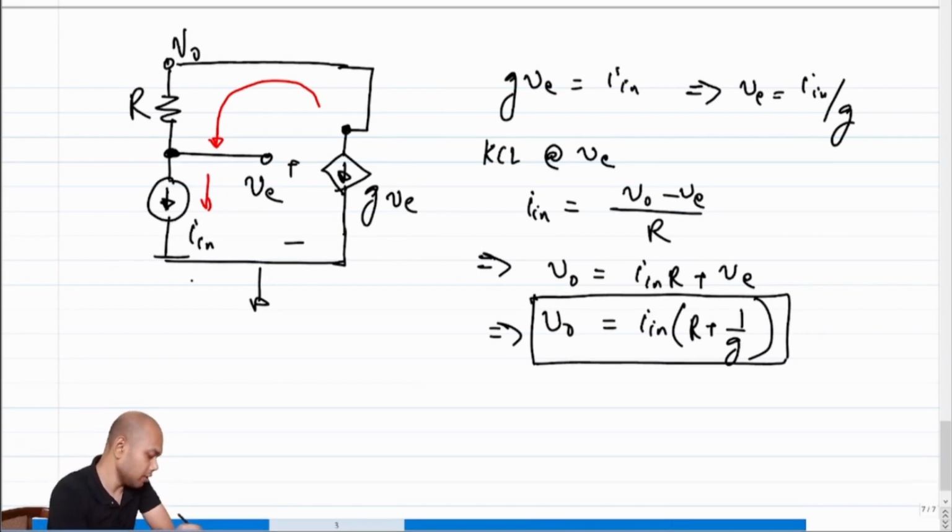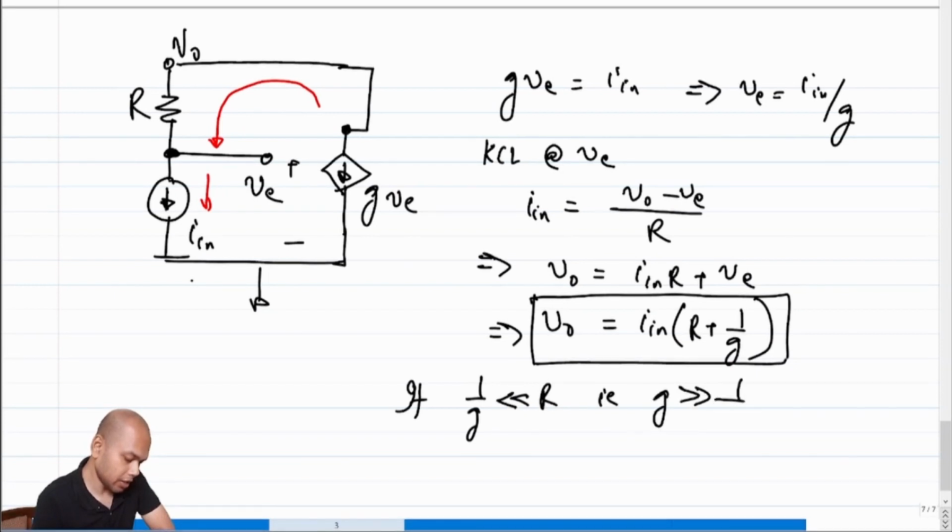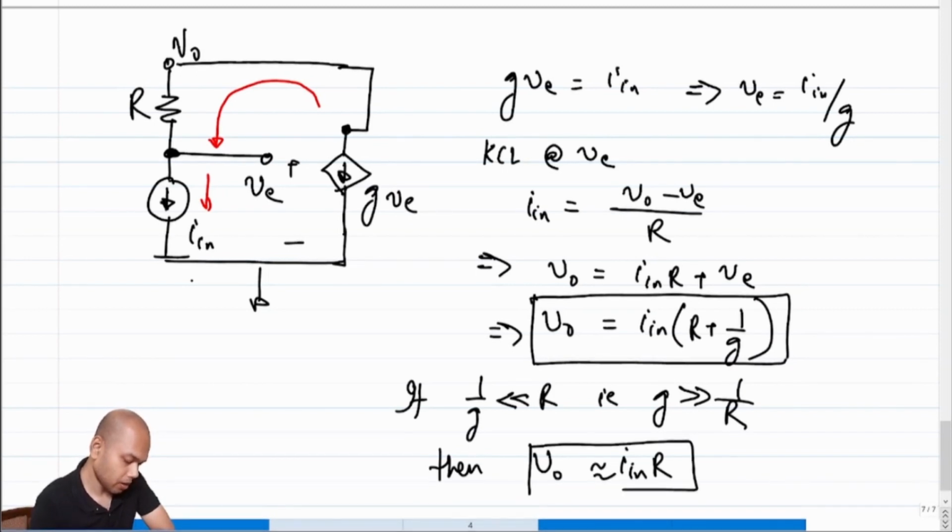It doesn't come with the source or the load information, right? So if 1 over G is much less than R, i.e. G is much greater than 1 over R, then V naught seems to be approximately equal to I in times R. Then it looks like this can mimic our voltage control current source.